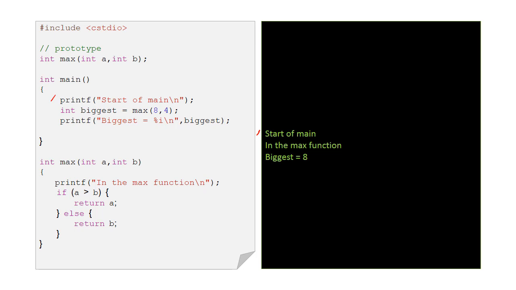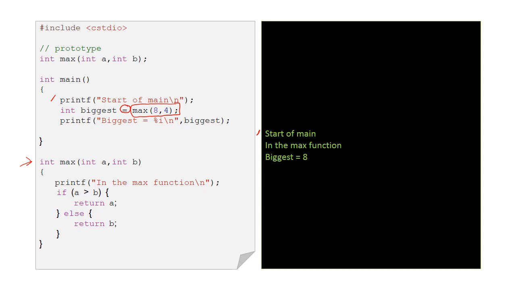In the next line, if you remember, the assignment operator works right to left, so this is the code that's going to get executed first. Here we're calling this max function, and we're going to pass the values 8 and 4 to it. So we're going to jump to this function down here.